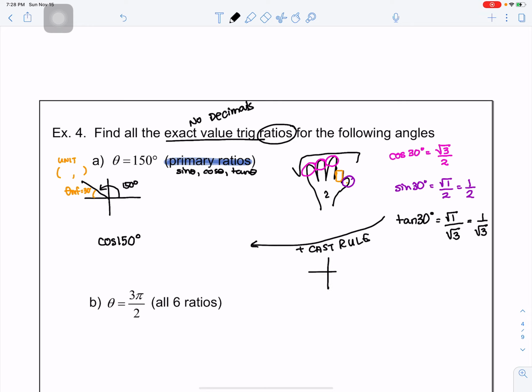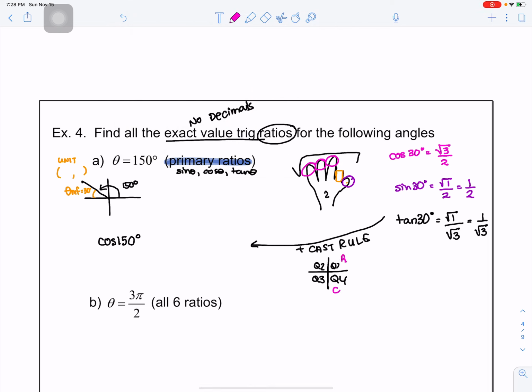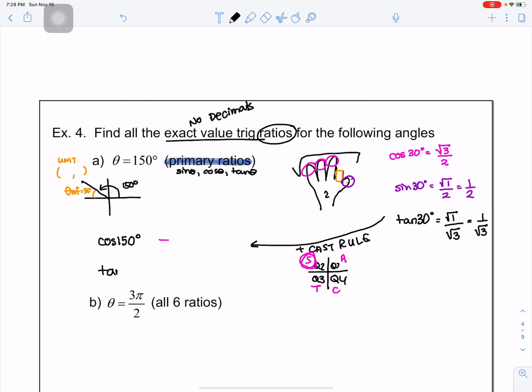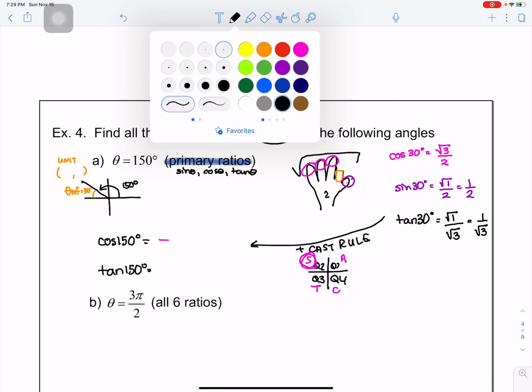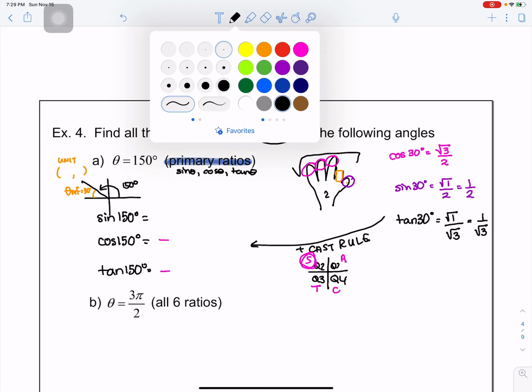Now my actual angle is in quadrant 2. So when I put my CAST rule down, C-A-S-T, only sine should be positive. So cosine is negative. Tan of 150 would also be negative. And my sine of 150 degrees would be positive.